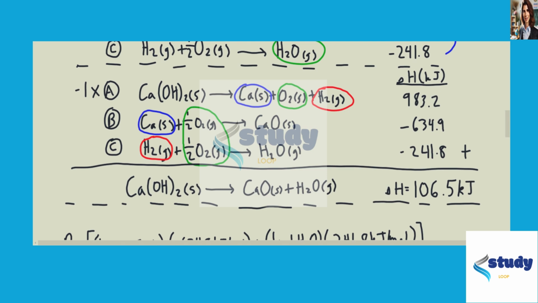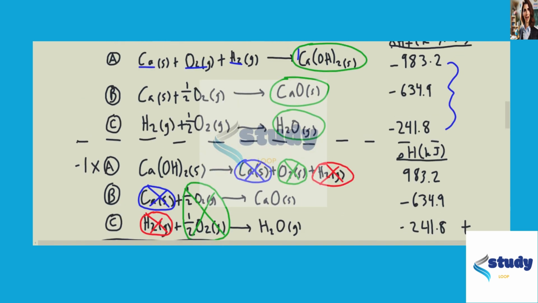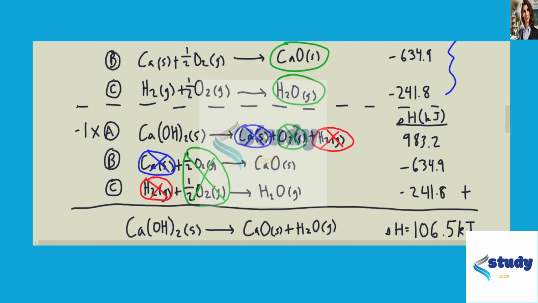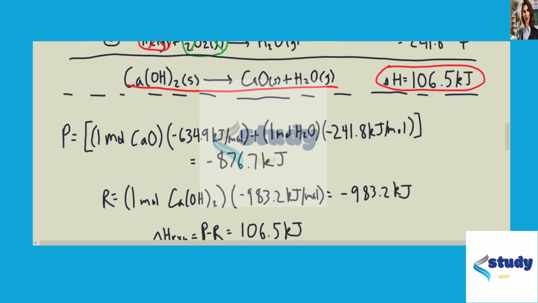We see we have 1/2 plus 1/2, so 1 oxygen on the reactant side and 1 on the product side. We have 1 mole of H2 on each side, and we have 1 mole of solid calcium on each side. We multiply that delta H of formation by -1 for the first reaction, since we flipped it, and we add it all together and get a final answer of 106.5 kilojoules for the overall enthalpy change for this desired reaction that we can form after using Hess's law.